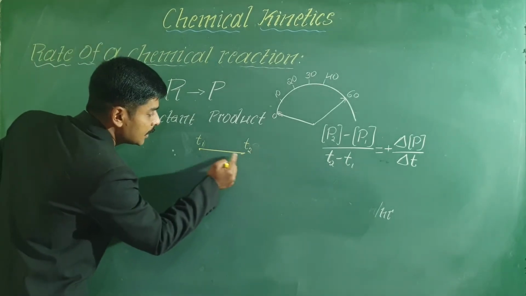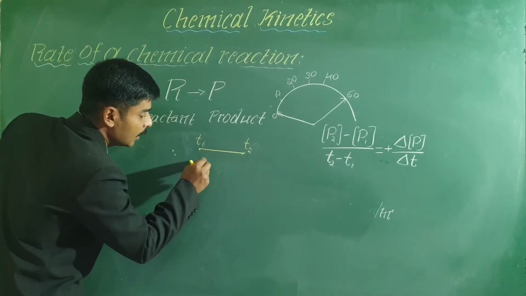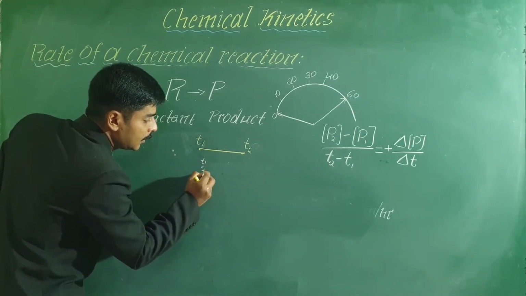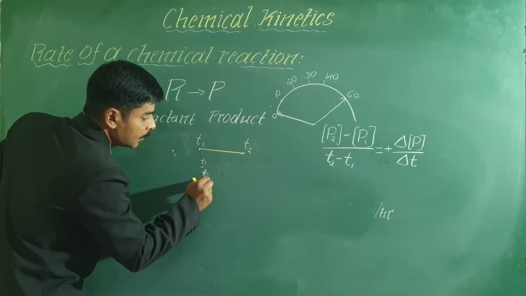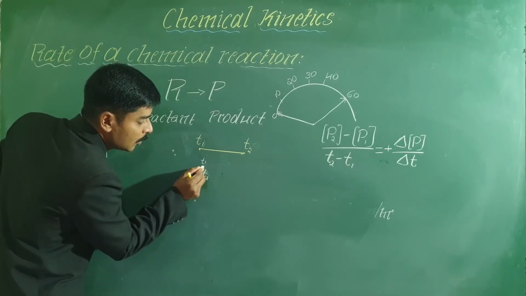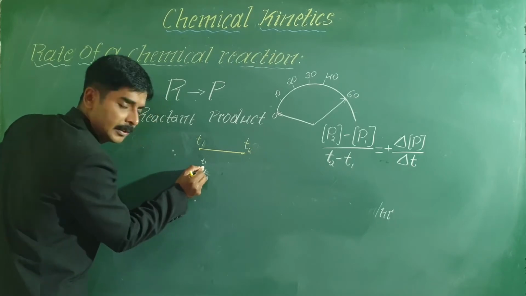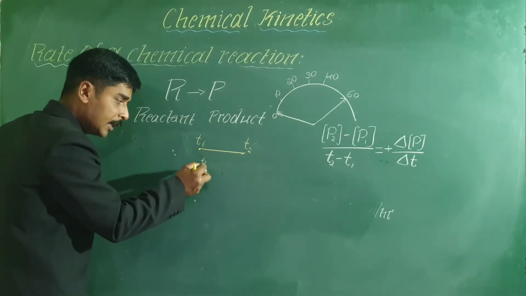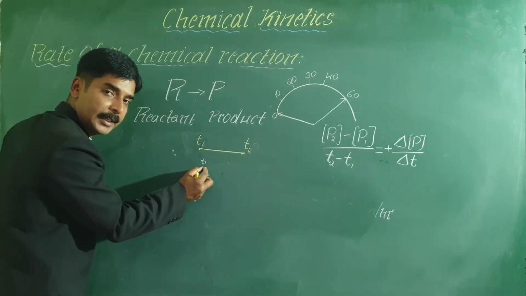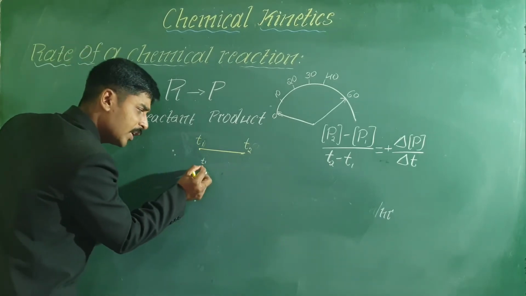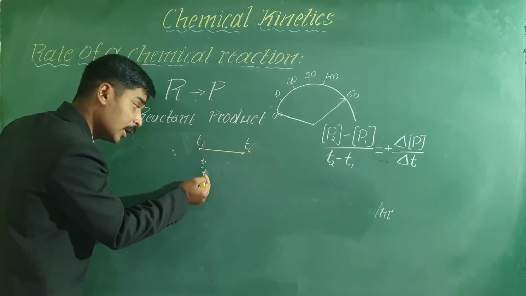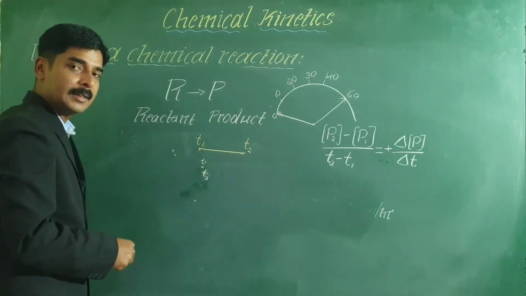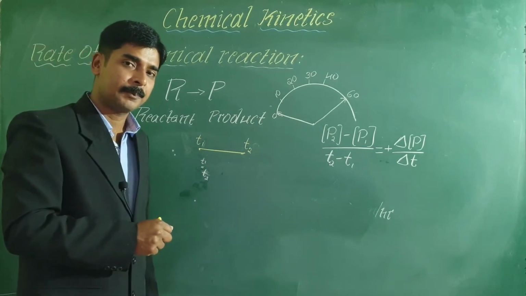But when this interval, t1 to t2, is very small, that is almost at that instant, so when the time interval is small and you take the change in concentration of the reactant or any one of the products for a very small time interval or at that particular time instant, then we call it the instantaneous rate.